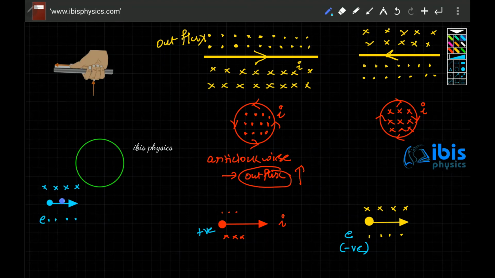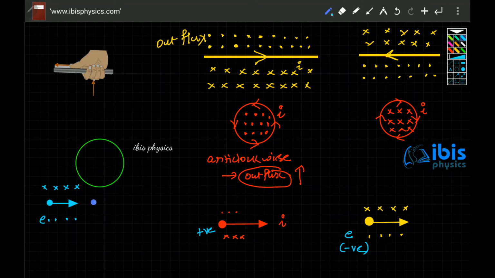So when this electron is near this coil, here the electron is far away from the coil, as the electron goes in this direction, this influx increases. So when the influx increases, the induced EMF will be opposing the very cause of it. When the influx increases, the EMF induced in this will try to produce outflux, so that it will decrease the cause, which is the influx.